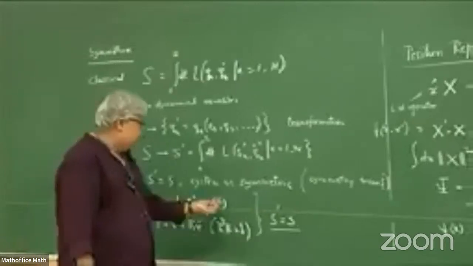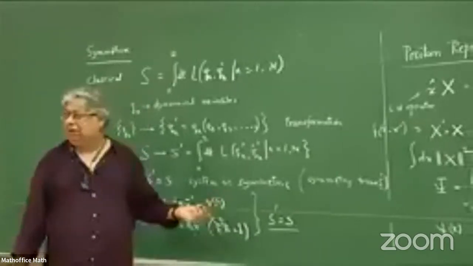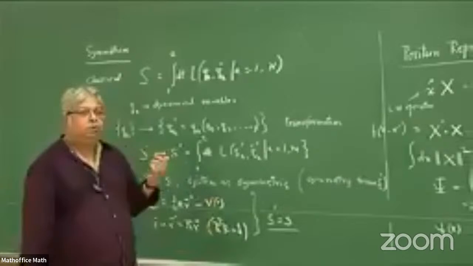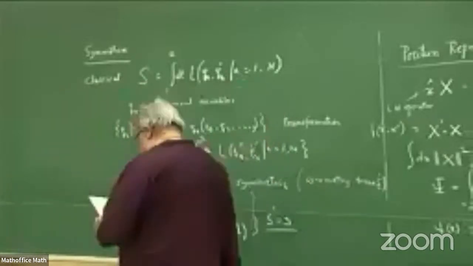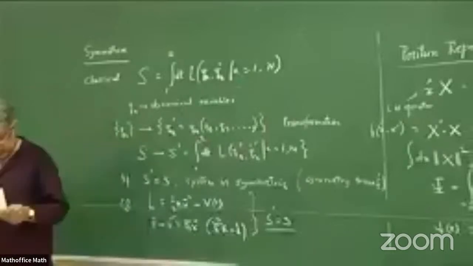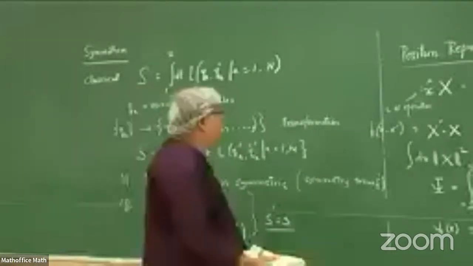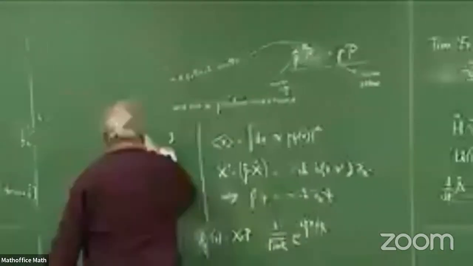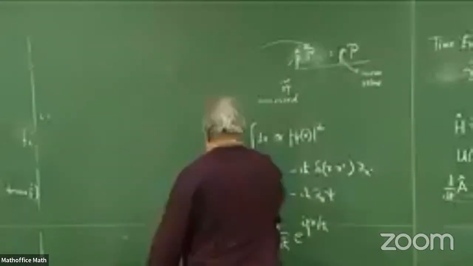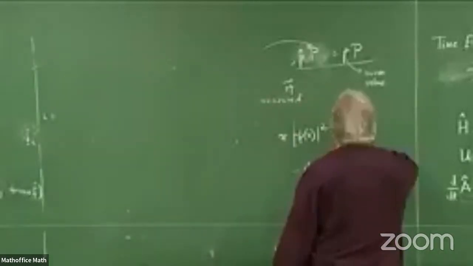Now, of course, if B, for example, had an explicit dependence, then that symmetry would not hold. I will state what is perhaps the most important result of the next part.